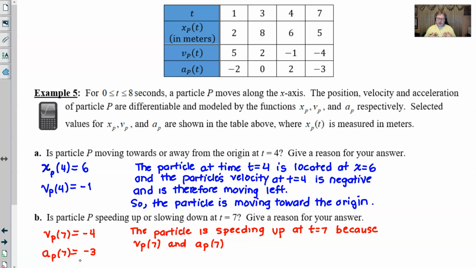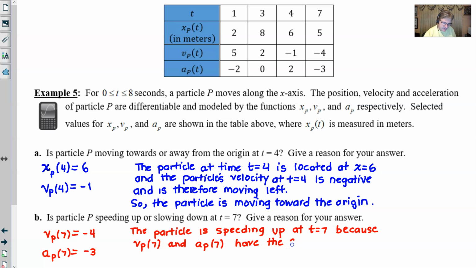You could go ahead and repeat what the two values are. One is -4 and one is -3 and they have the same sign. You could do this a variety of ways. I'm going to try to use the fewest words I can because part A was a little bit wordy. And because I can see that these have the values over here, I'm just going to say because a and v have the same sign.